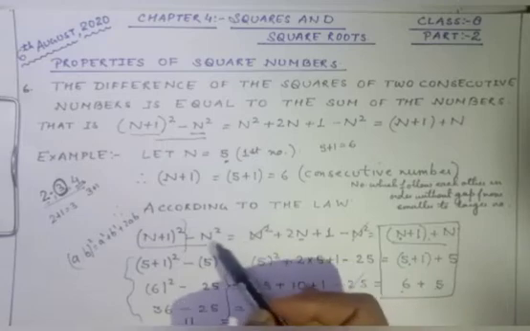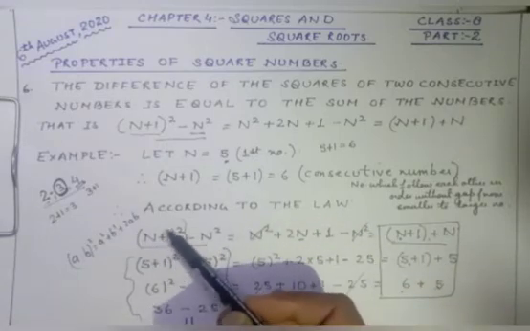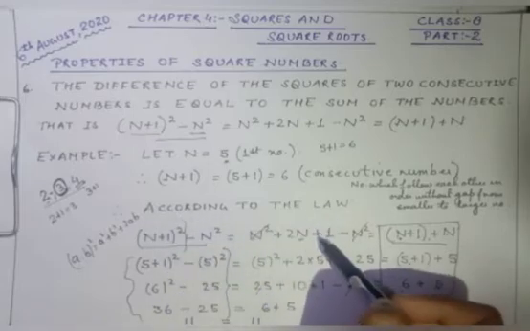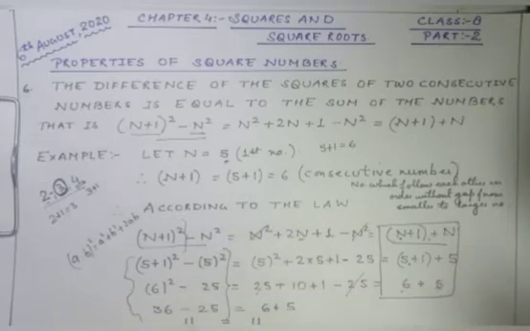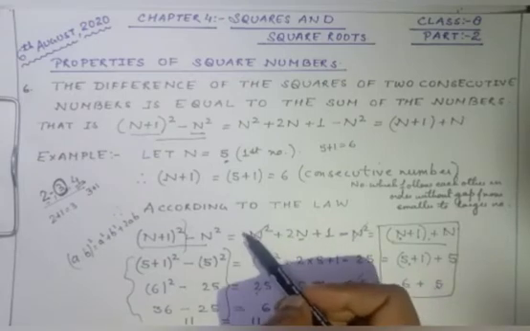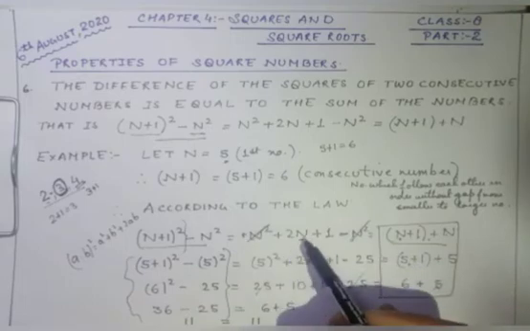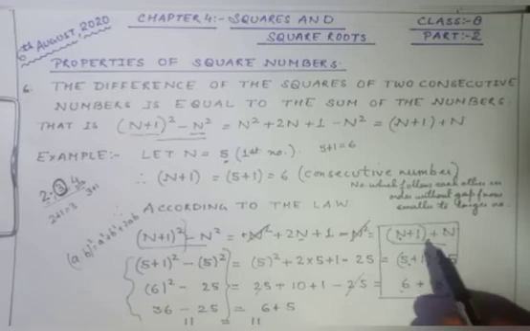This is what is done over here, minus n square. Now you can see that over here n square is negative and over here n square is positive, so easily I can cancel it. So what is left? 2n plus 1. Now 2n plus 1 can be written as (n plus 1) plus n.